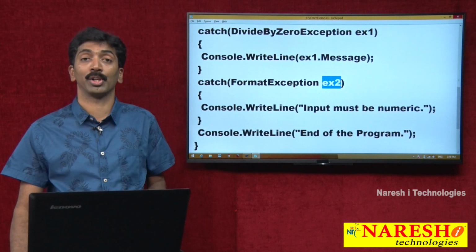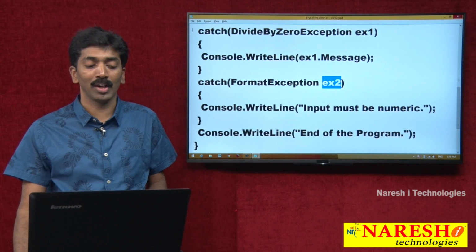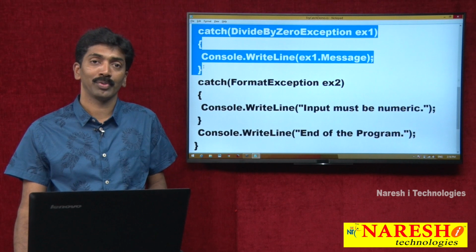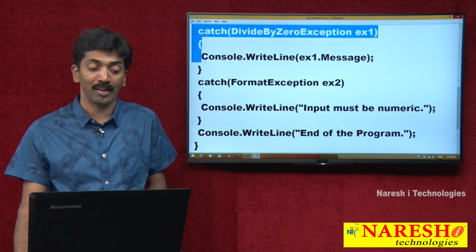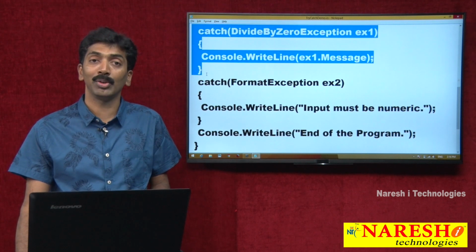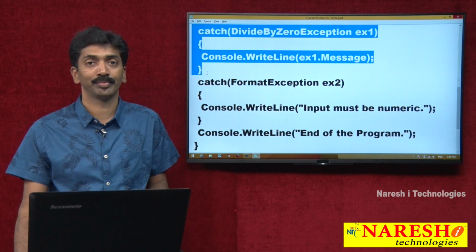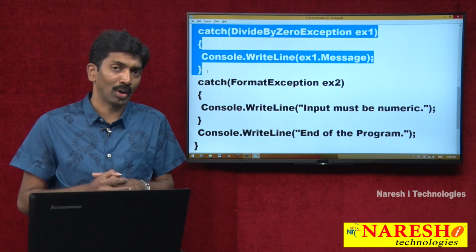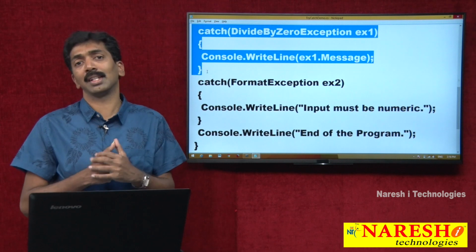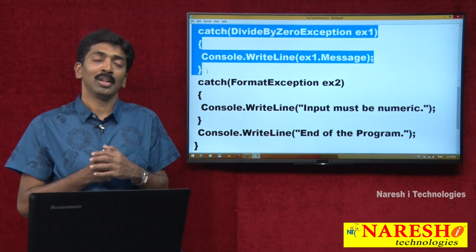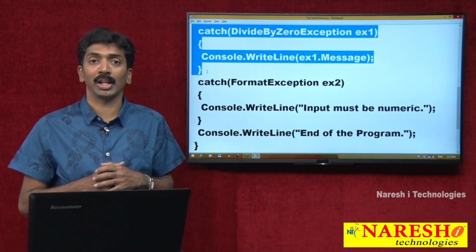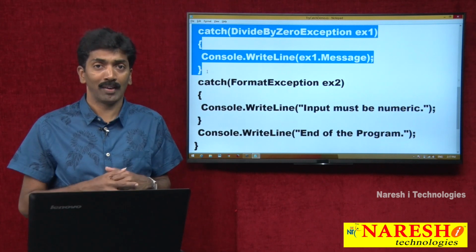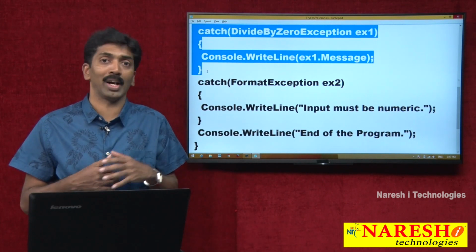So your responsibility is to identify what exceptions will occur in the code and try to handle each and every exception with an individual catch block like this. But even though we put all these catch blocks, there is still a chance of missing something. We identified 10, we caught all the 10, but there is a chance of getting an 11th exception tomorrow in the real-time environment.